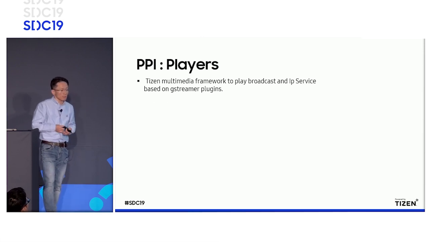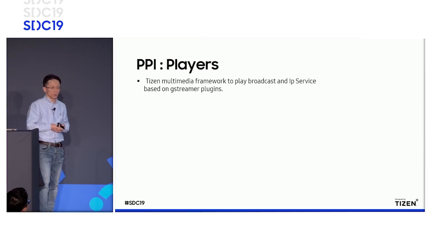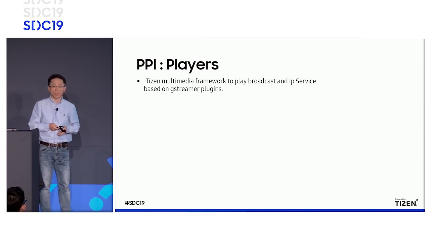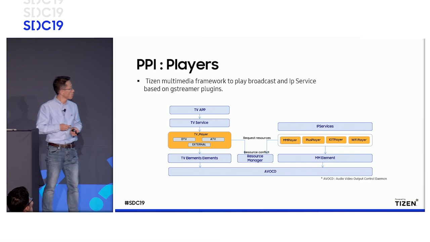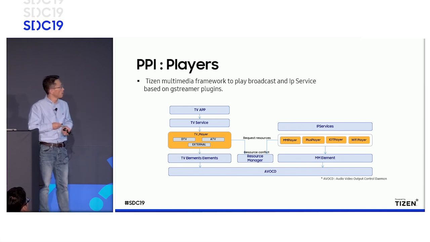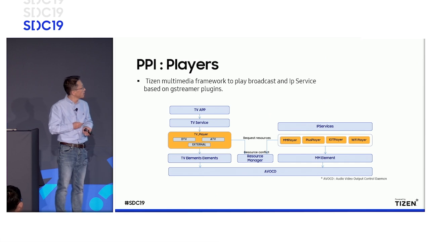In Tizen, there are lots of players. So to play back the broadcasting contents and play back the multimedia contents. This is a TV player, which I will explain later. This is the other type of player. So I will explain this later and this.